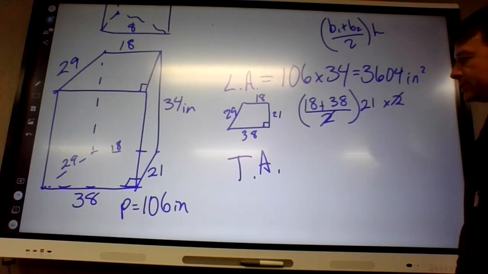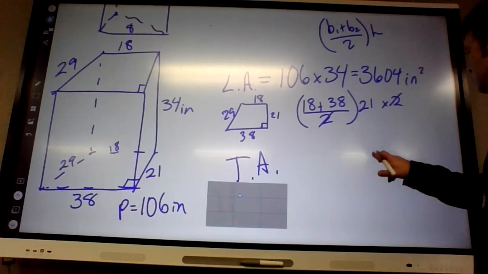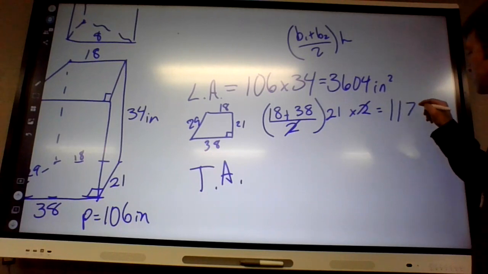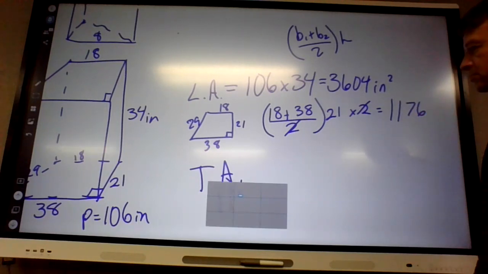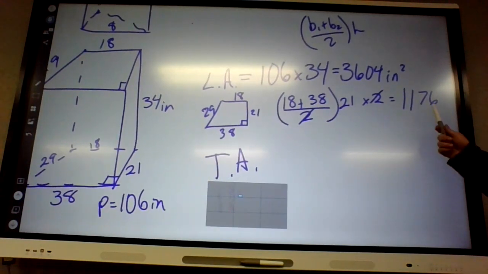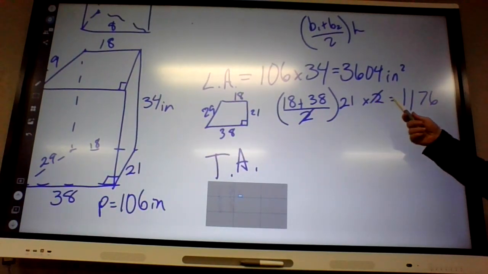1,120 plus 56. Is that all right? Yep. Okay, that's the two base areas because we did it times 2.